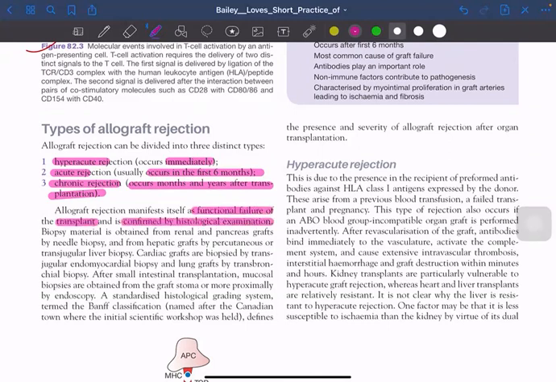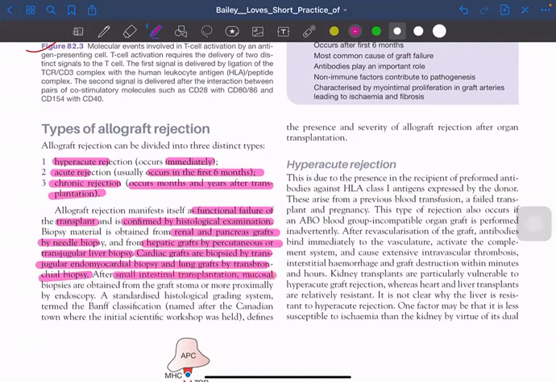And how are histological examination samples taken? For the renal and pancreas grafts, by needle biopsy. For hepatic grafts, by percutaneous and transjugular biopsy. The cardiac grafts are biopsied by transjugular endomyocardial biopsy, and lung grafts by transbronchial biopsy.